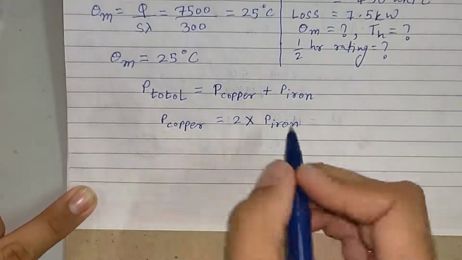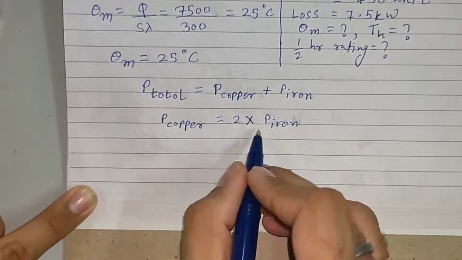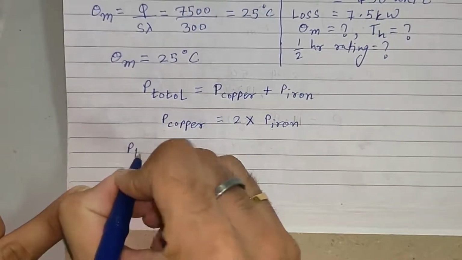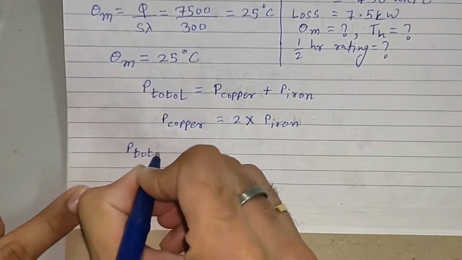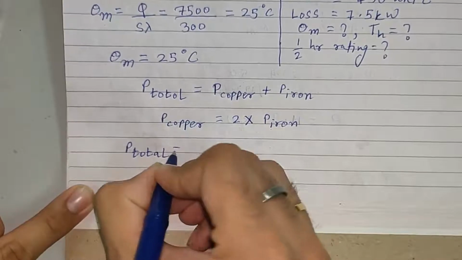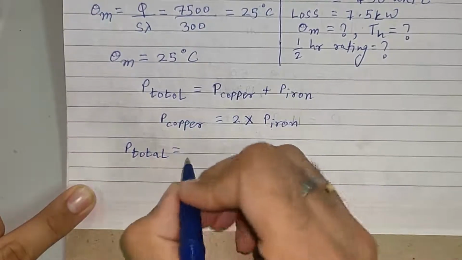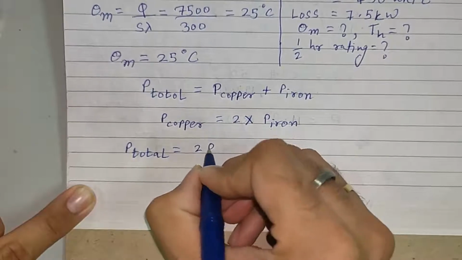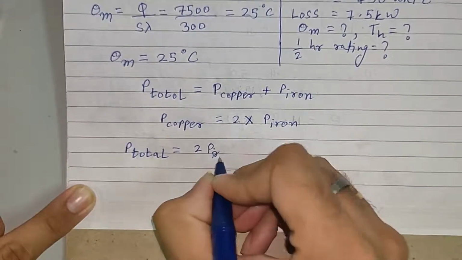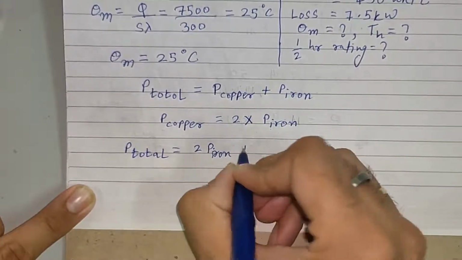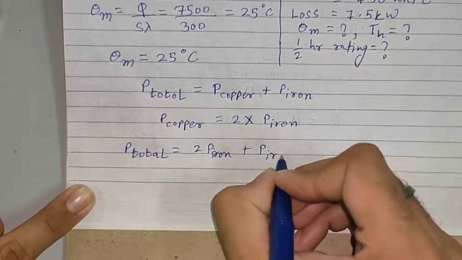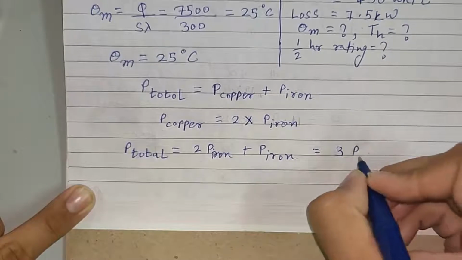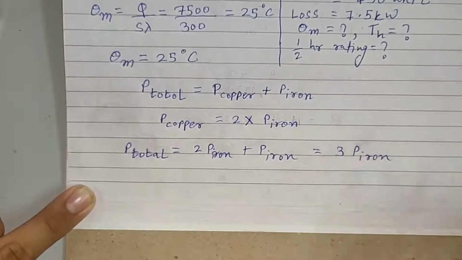Now again substituting this particular equation in the equation above, so I can write my P total is equal to twice of P iron plus P iron, which is nothing but thrice of P iron.